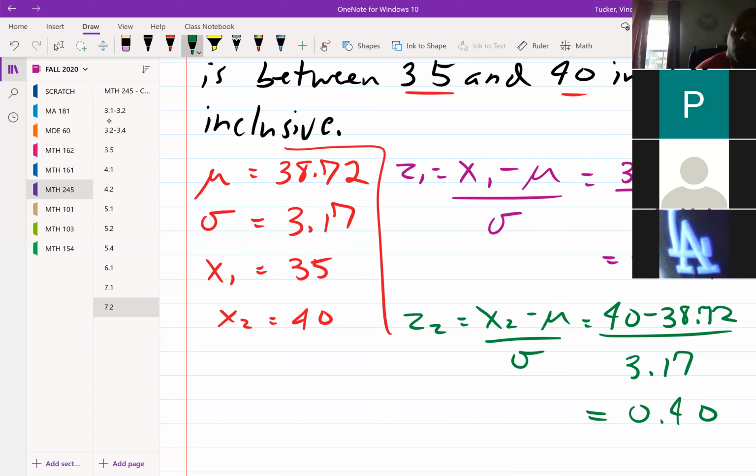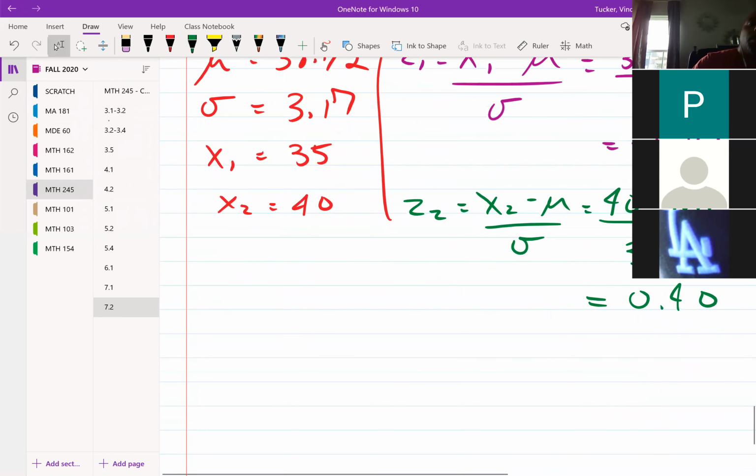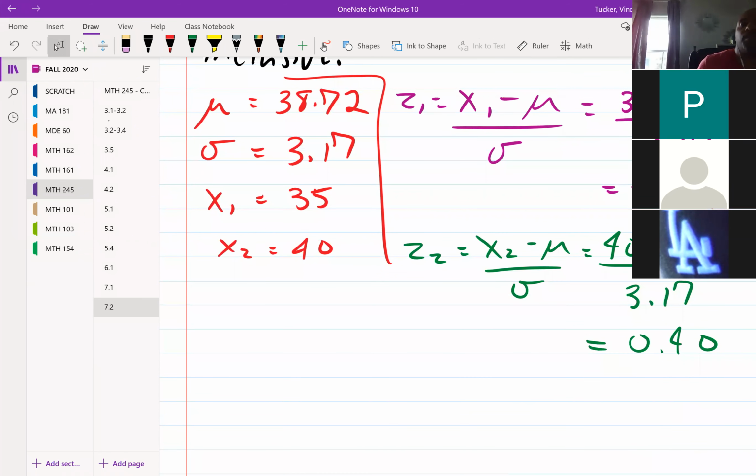All right. So now we need to go to the chart. So questions on that before we go to the chart? Got two different z-scores, so we need two different chart values.